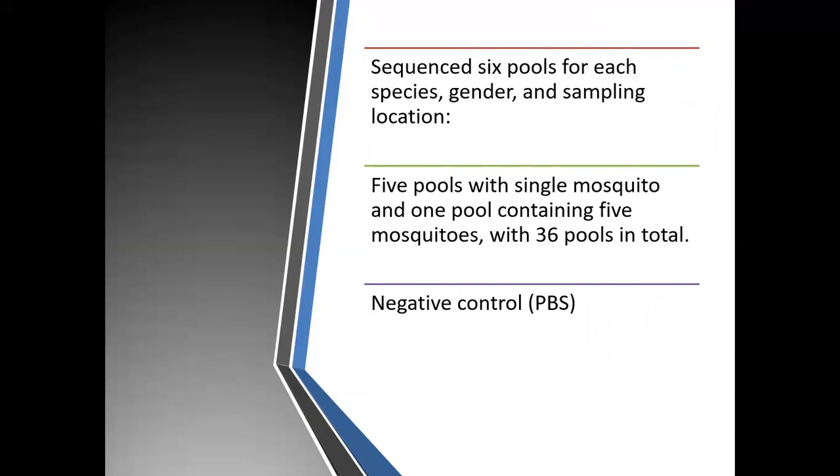In total, there were 36 pools. As a negative control, there was PBS.